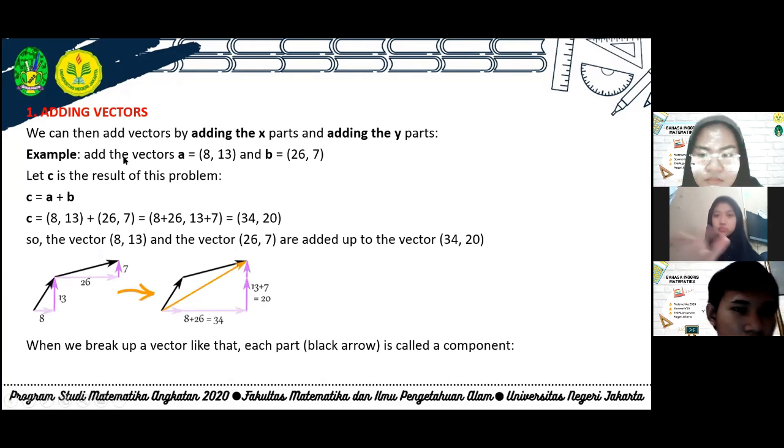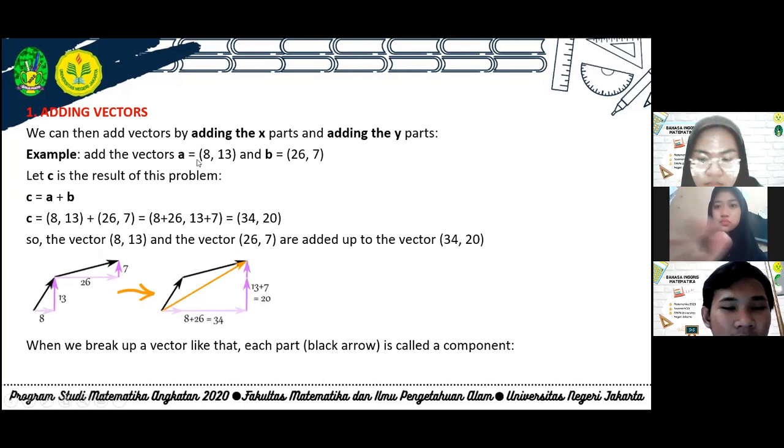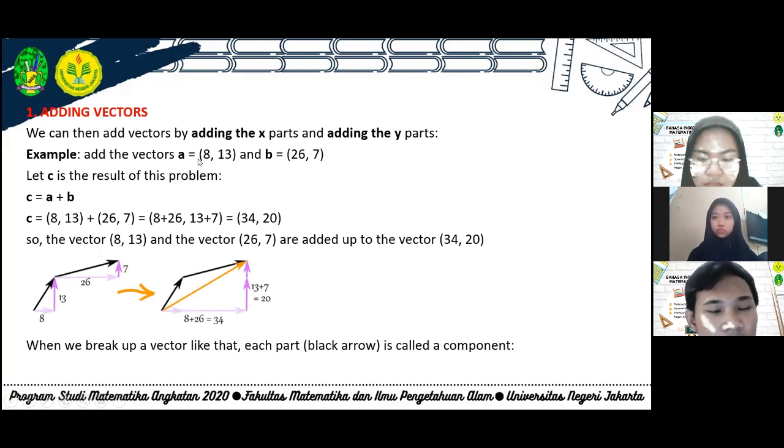For example, add the vector a equal to 8,13 and vector b equal to 26,7. For the solution, let C be the result of this problem.